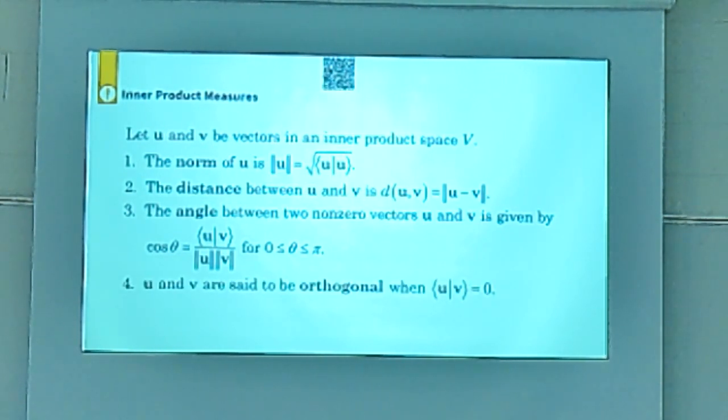Finally, we say that two vectors u and v are orthogonal if the inner product of them is 0.